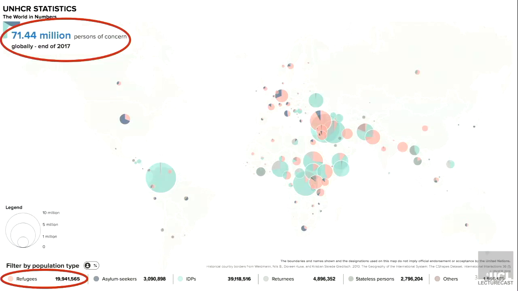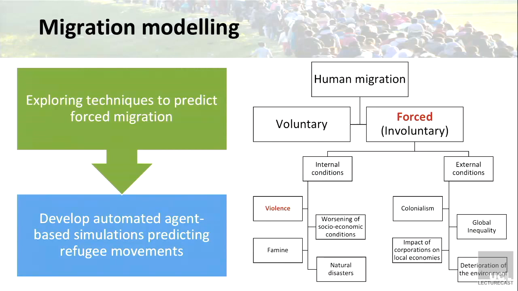And you can see within the UNHCR statistics that mainly they are within Africa, Middle East countries, and in South America. So internally displaced people and refugees exist within the news today.